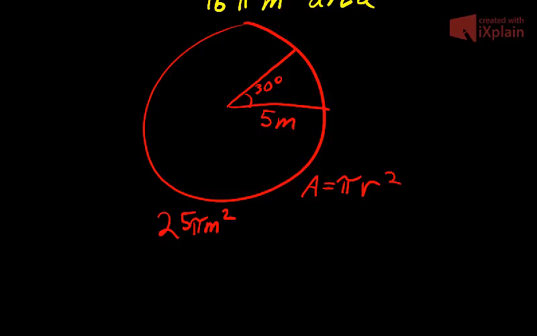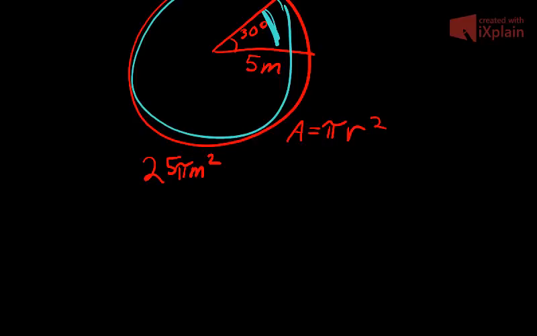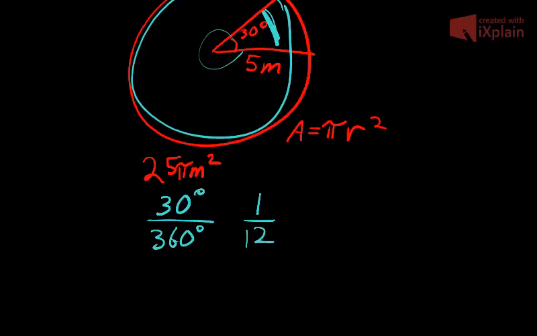And then the next issue is figuring out what portion of this whole circle is this section right here. To do that, I'm going to use a ratio. I have 30 degrees, and the full circle going all the way around would be 360 degrees. So 30 degrees divided by 360 degrees is the same thing as 1 over 12. So I'm looking for 1/12 the area of my entire circle. I know the area of my entire circle is 25 pi meters squared.